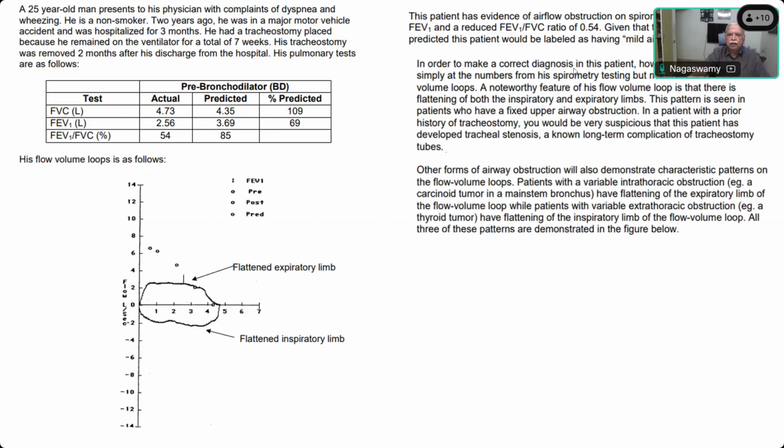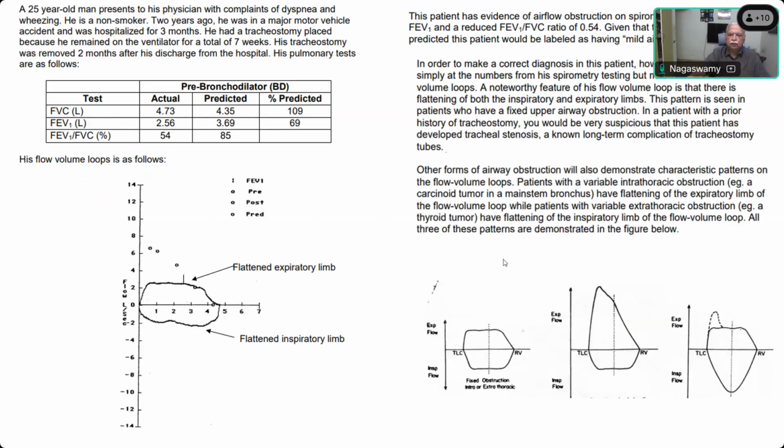So in order to make the correct diagnosis, we have to go only by the flow volume loops here. This is the fixed obstruction pattern. What is this pattern? These two are normally given in all the books whenever you talk about airway obstruction because of mechanical causes, upper airway obstruction.